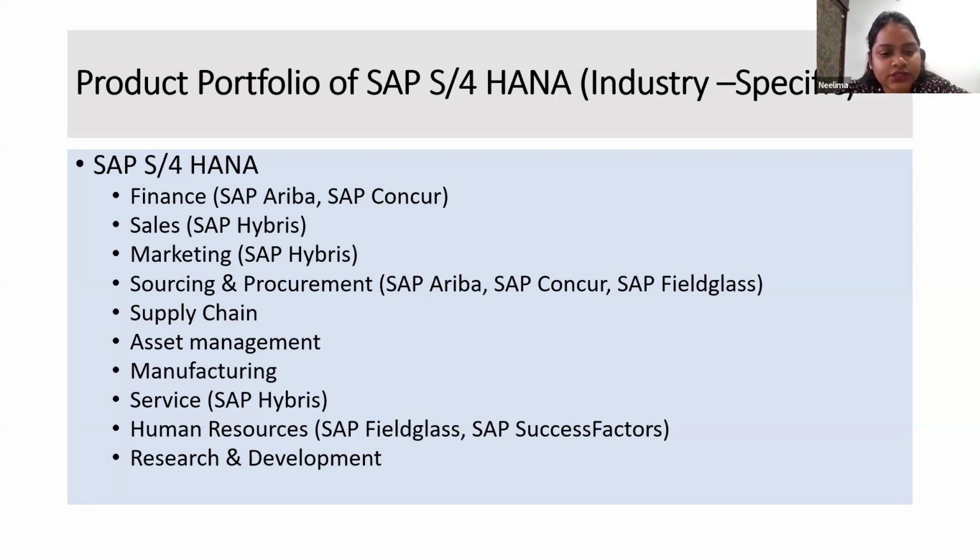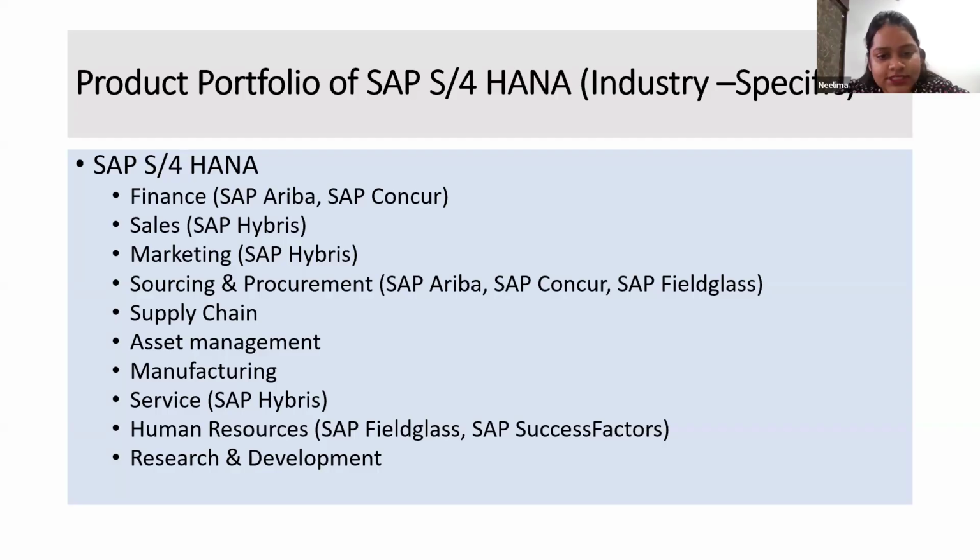And for human resources, SAP SuccessFactors and SAP Fieldglass, SAP S/4HANA provides these applications for human resources, for more easy posting of the transactions and easy analysis. These are all SAP applications that will be used. Okay.